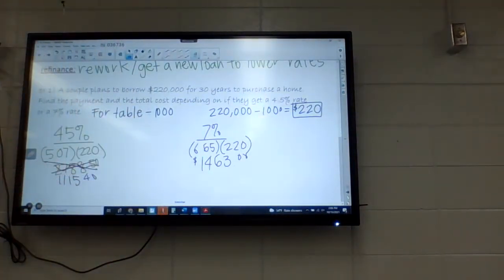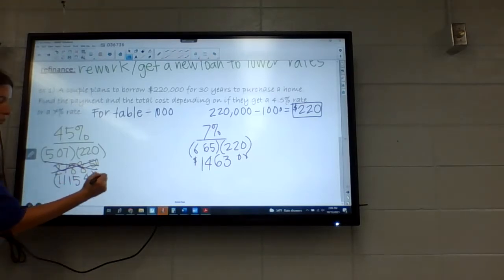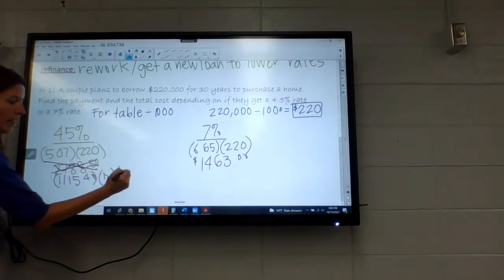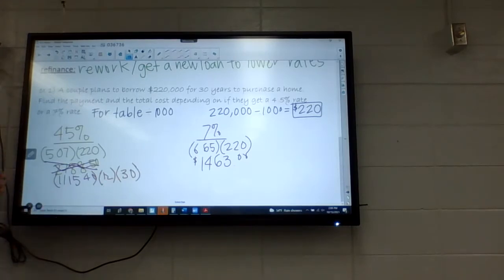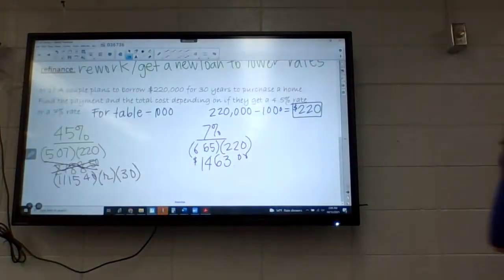So this is 1 month. We're doing that for 30 years, 12 months a year, right? So I'm going to multiply by 12 and then also by 30. This is going to tell us how much we pay over the course of 30 years for our house.